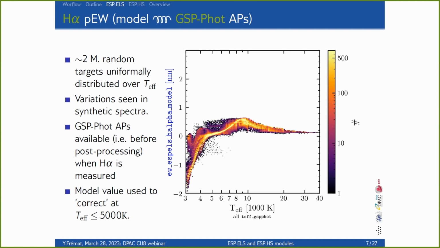H-alpha line. In these synthetic spectra, there is of course no emission that has been included, and we decided, below 5,000 K, to correct for this. We call that a correction, but it's just the fact that we subtract from the measured value the value that we also measured in the synthetic spectra.